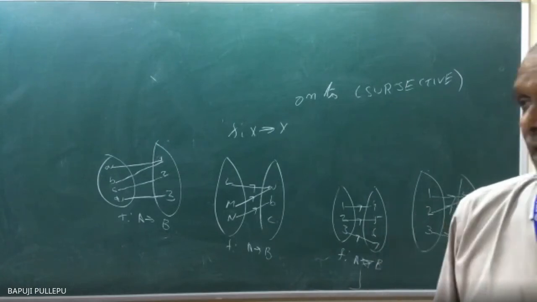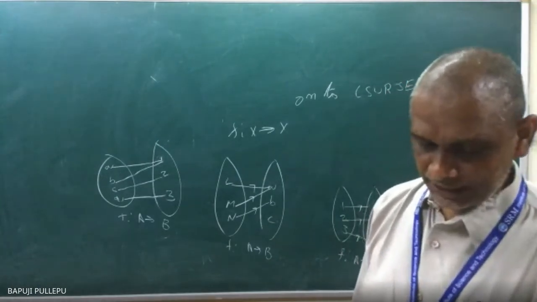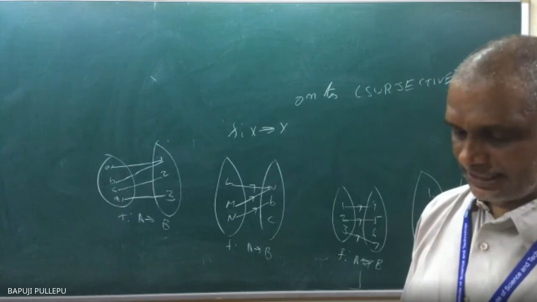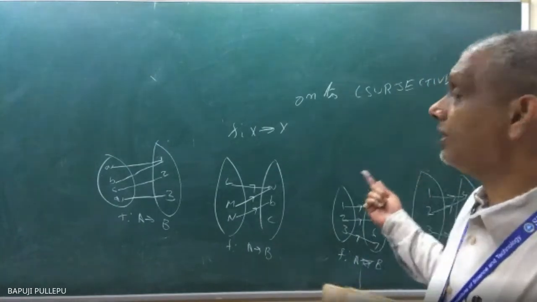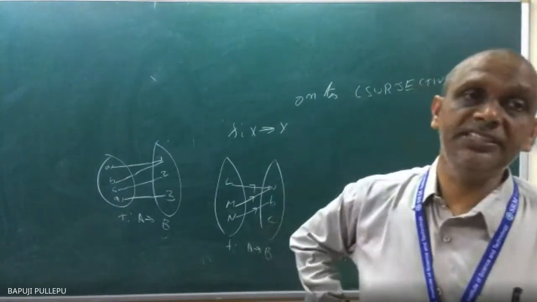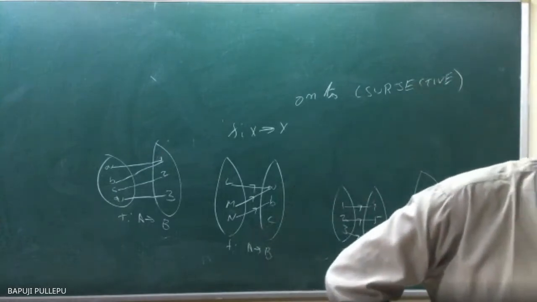Then a mapping that is 1 to 1 and onto is called bijective. 1 to 1 means what? Injective. Onto means what? Surjective.